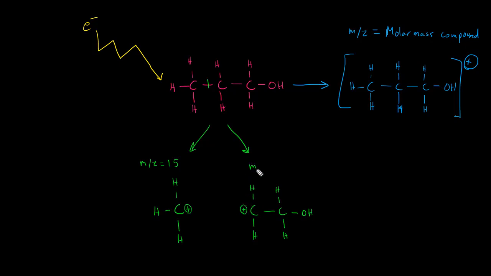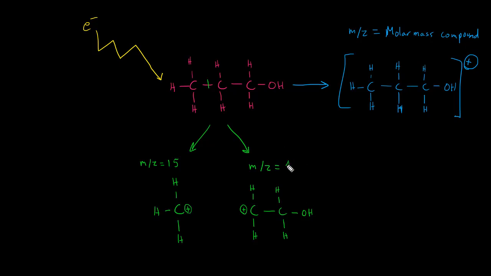The mass to charge ratio, and again, because the charge is always 1, the mass to charge ratio is always equal to the mass of the fragment. So when it splits on this side, we end up with 2 carbons plus an oxygen plus 5 hydrogens. That's 24 plus 5 is 29, plus 16 is 45.